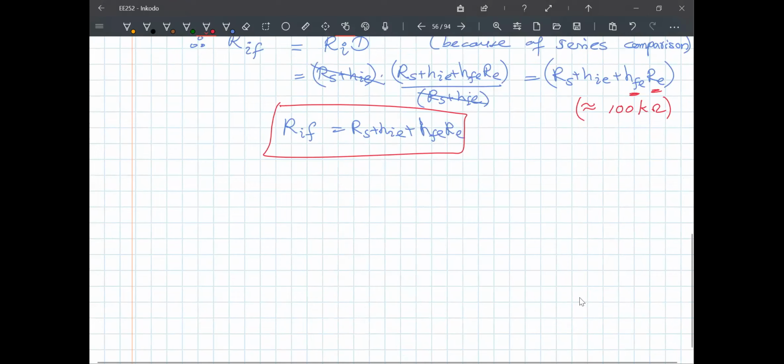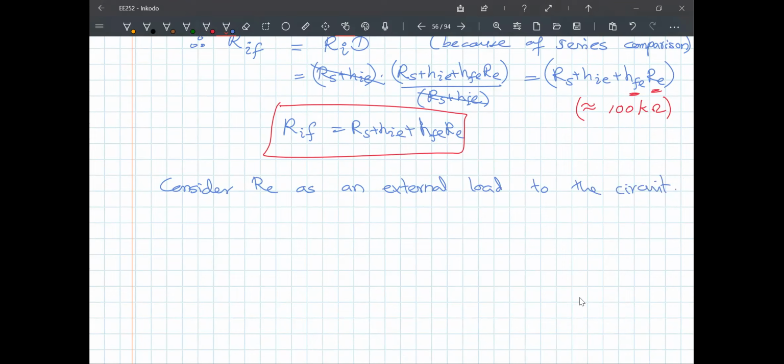So now the output impedance. Now first let's consider, in doing so, RE as an external load to the circuit.